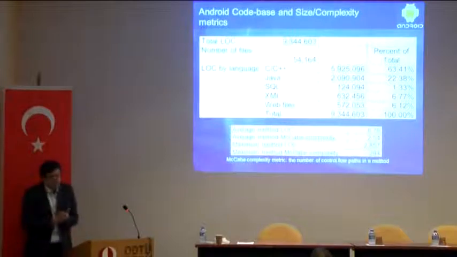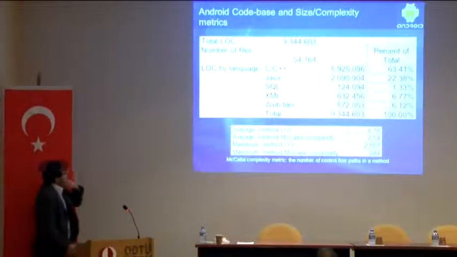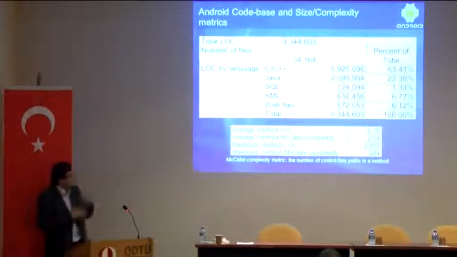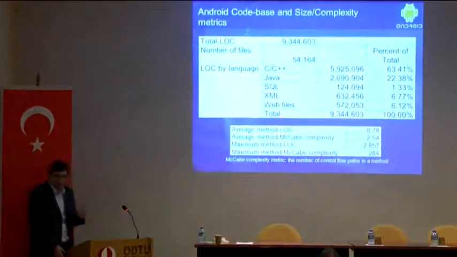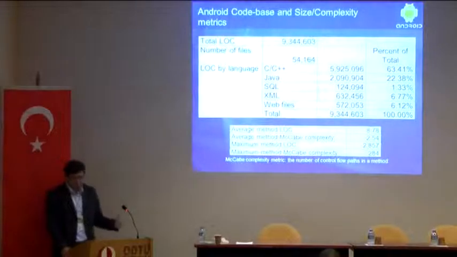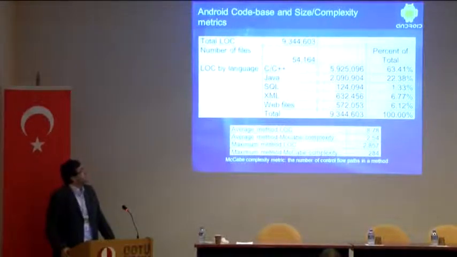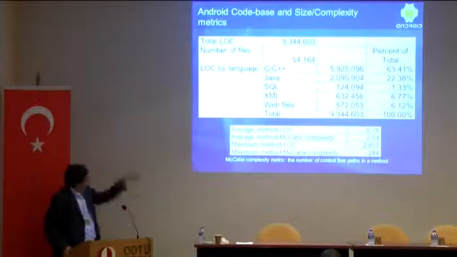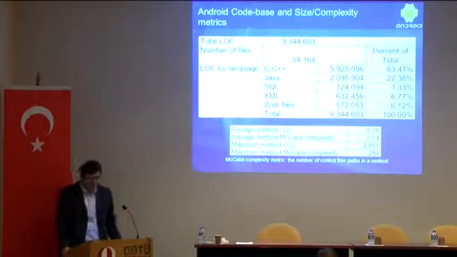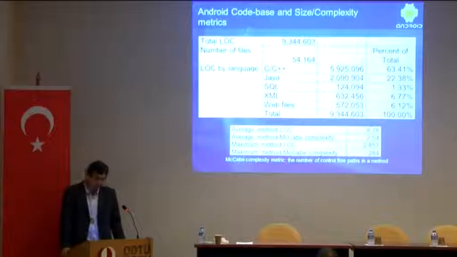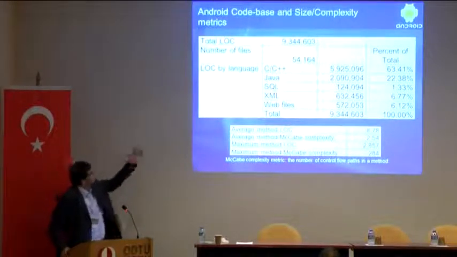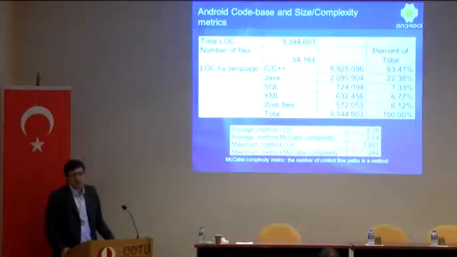When we started this, we looked at first the Android code base, right? We said, well, how many lines of code do you have, and what are the programming languages? Most of it is in Java and C++, as we can see. Total line of code was about 9.3 million lines of code. When you download it, we counted the number of files, it was about 54,000 files.